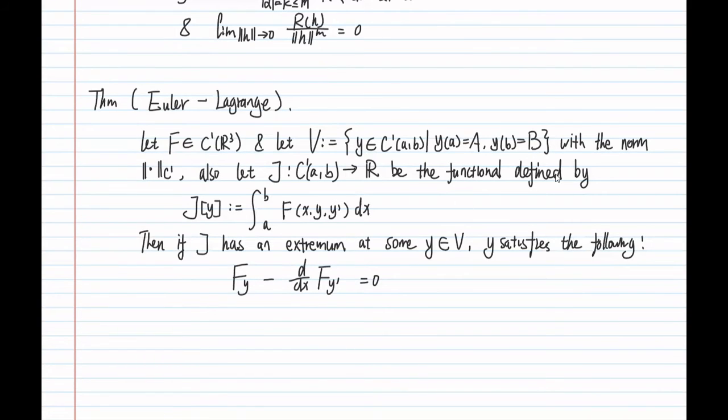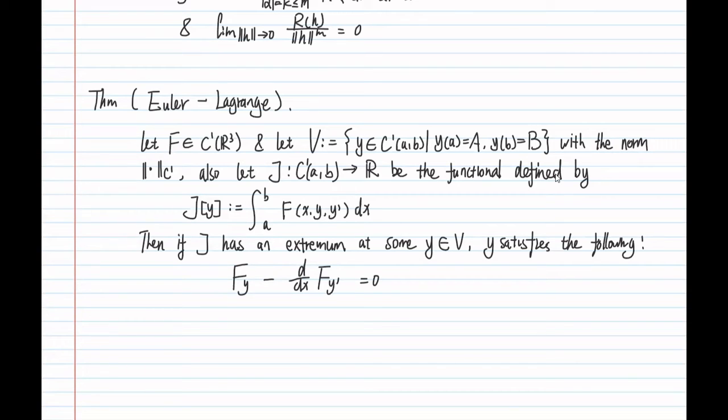So now let's define the functional on the space C1[a,b]. It is defined by J(y) equal to the integral from a to b of f, taking the points x, y, and y prime.